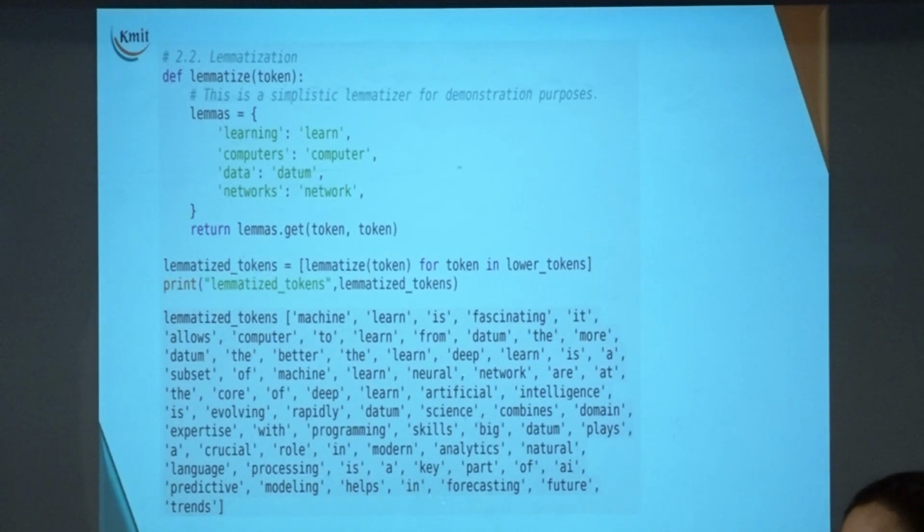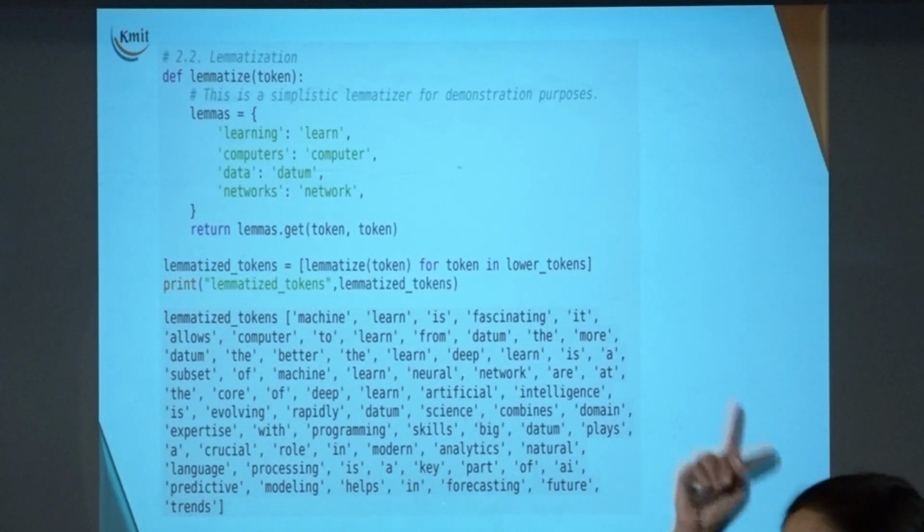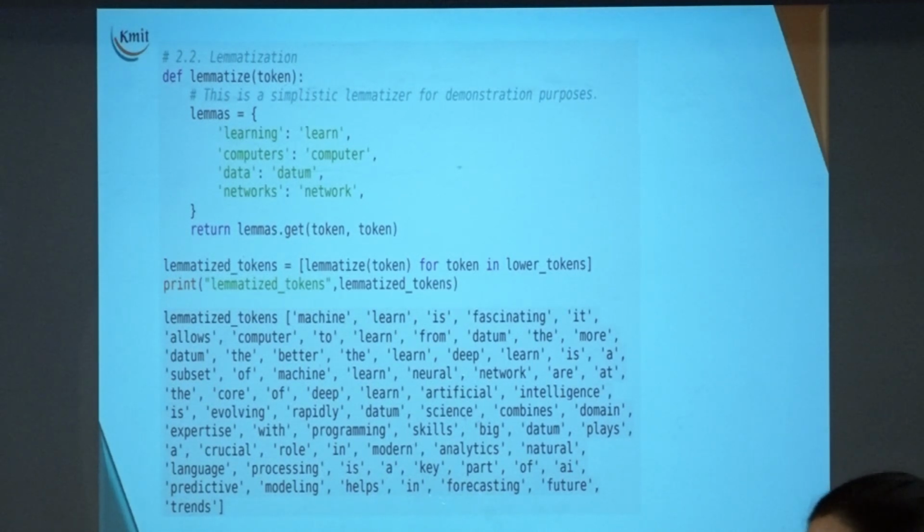As I told you, we are doing it from scratch. There are already inbuilt ones that you will invoke and use when you are going for a larger corpus. This is for your understanding, and for your exercises, you will be creating based on the instructions given in the exercise. So here I have created 4 lemmas. Learning became learn, computers lemma is computer, data lemma is datum, and networks lemma is network.